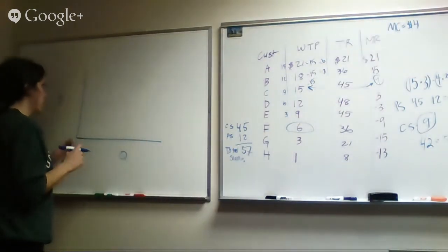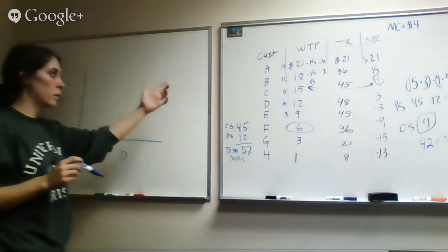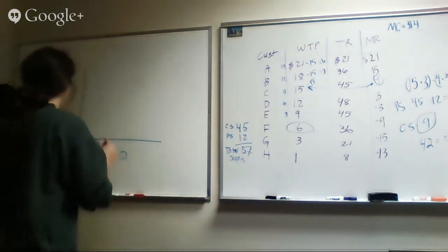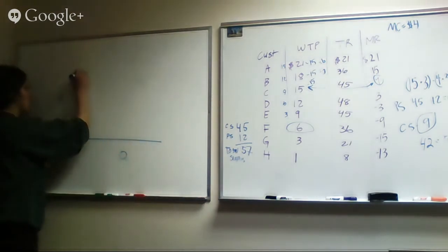Okay, so the demand curve is going to be based on how many people are willing to buy at each of these price points, right? So we'll have a price point at 21.